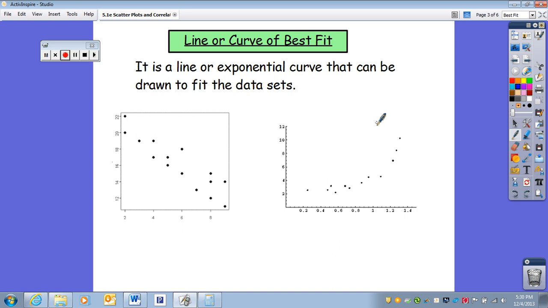If we take a look at this first set of data, a line of best fit through the data would be going down. If we were to draw the curve of best fit, it looks like this would be one of exponential growth.